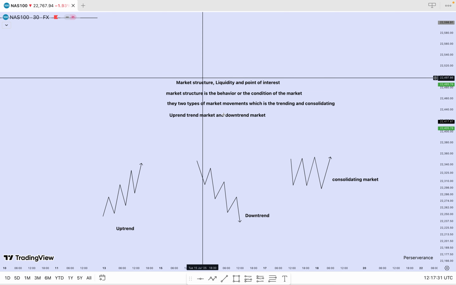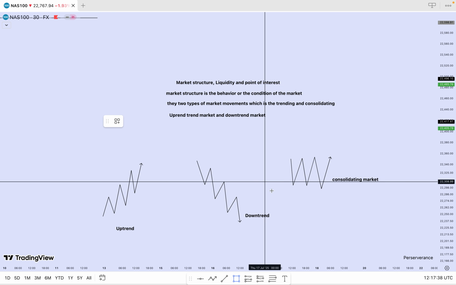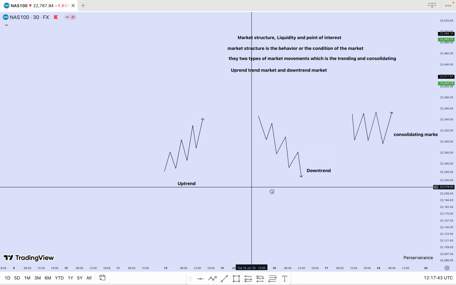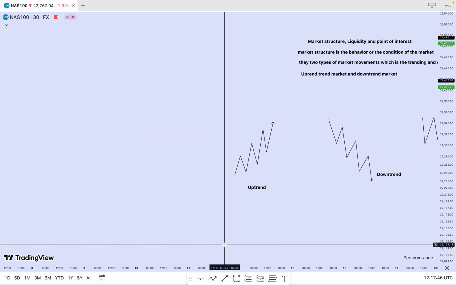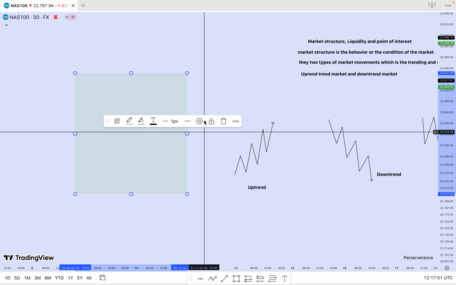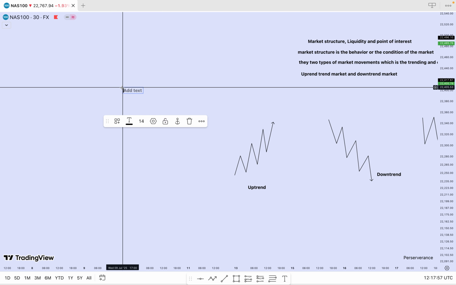In the area of the market structure, I look out for two things.